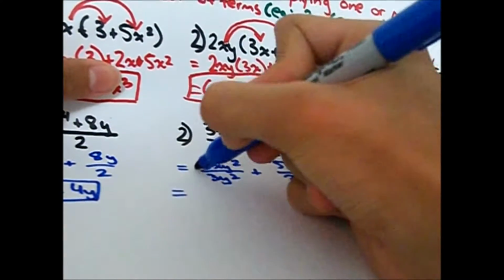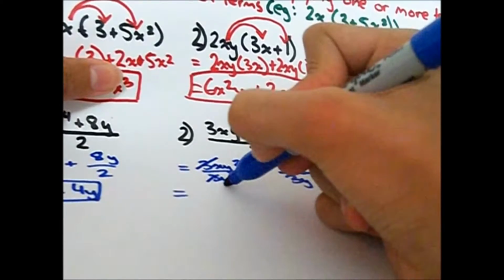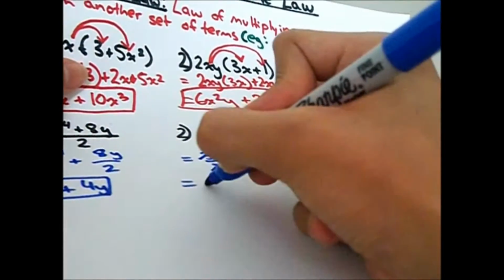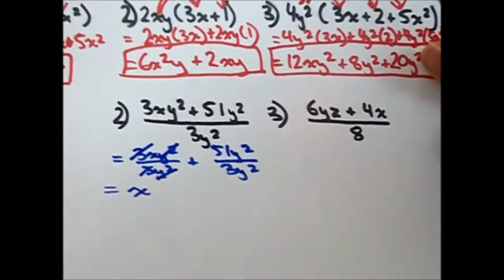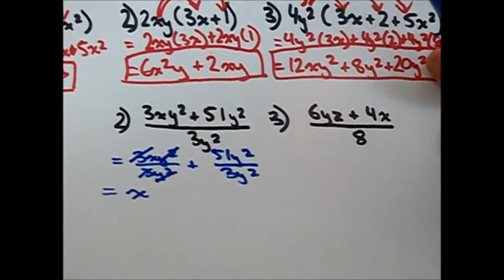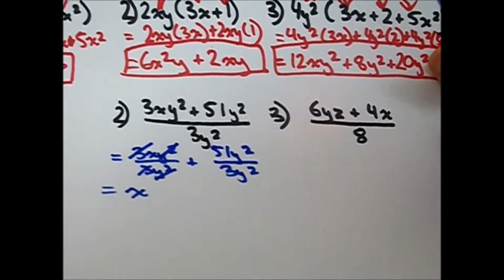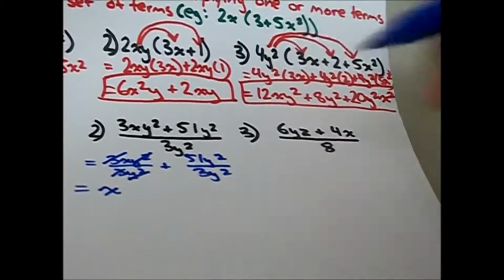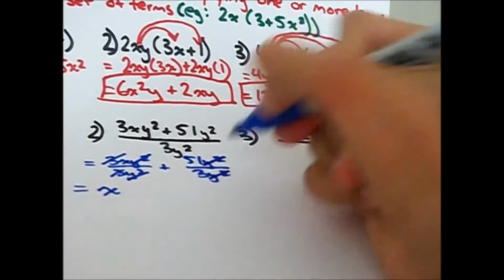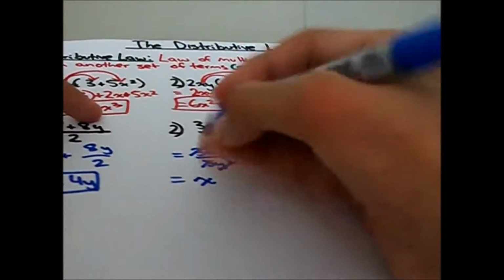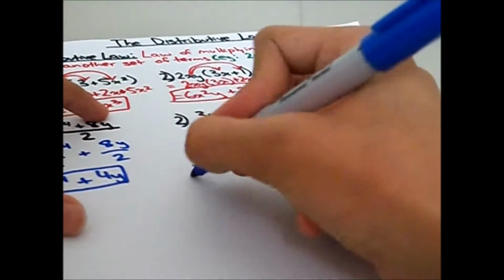So basically 3 and 3 cancel out, y squared and y squared cancel out, leaving us with just x. And this one, 51 divided by 3. You can check in your calculator and you will get the answer of 17. Once again we have y squared and y squared, we'll just cancel that out. So 51 divided by 3 will give us 17. So our answer is x plus 17.